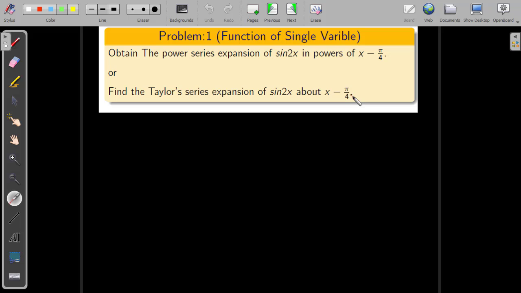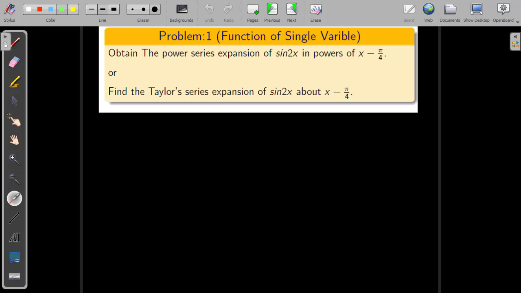It clearly seems the given function is a function of single variable. But the thing is here, it is in terms of x minus pi by 4. If it is only in terms of x, then in that case we need to apply Maclaurin series. So here he is not mentioning the Taylor series or Maclaurin series.